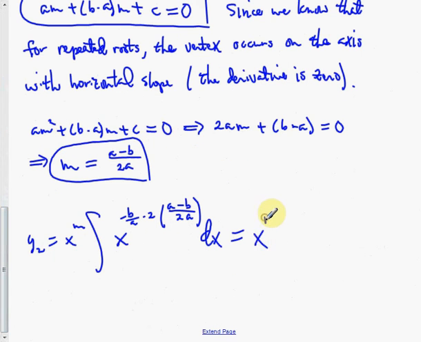This is x to the m times the integral of x to the negative b over a minus, not times, the 2's cancel out. This becomes minus a minus b over a. I'm going to take it all together. The 2's cancel. A divided by a is minus 1. Minus this minus is plus. The 2's cancel again. So this becomes plus b over a.